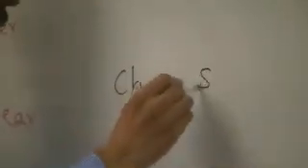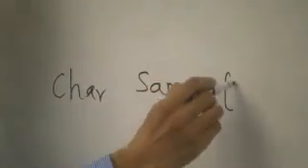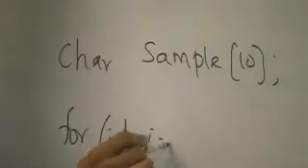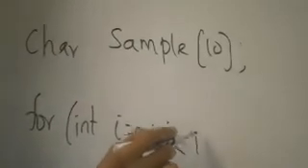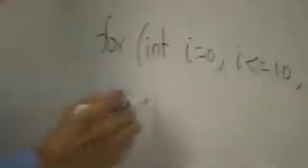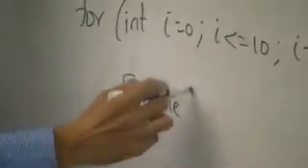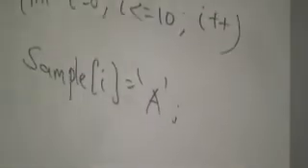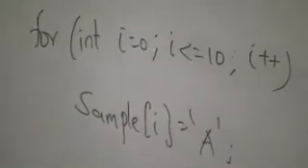So as I showed here in an example, if you create a character array that can store only 10 characters, and I have a for loop that is written like this, and say sample of i equals some 'a'. Is anything wrong with this code, or is everything fine?